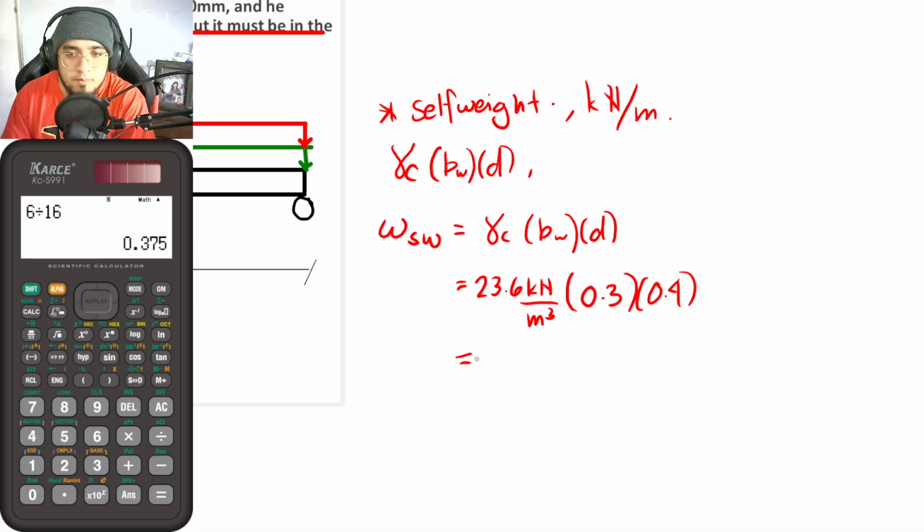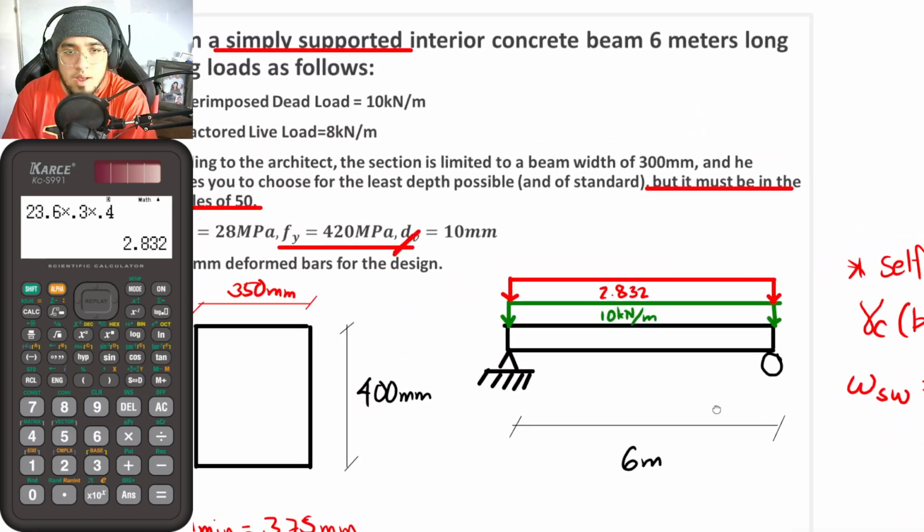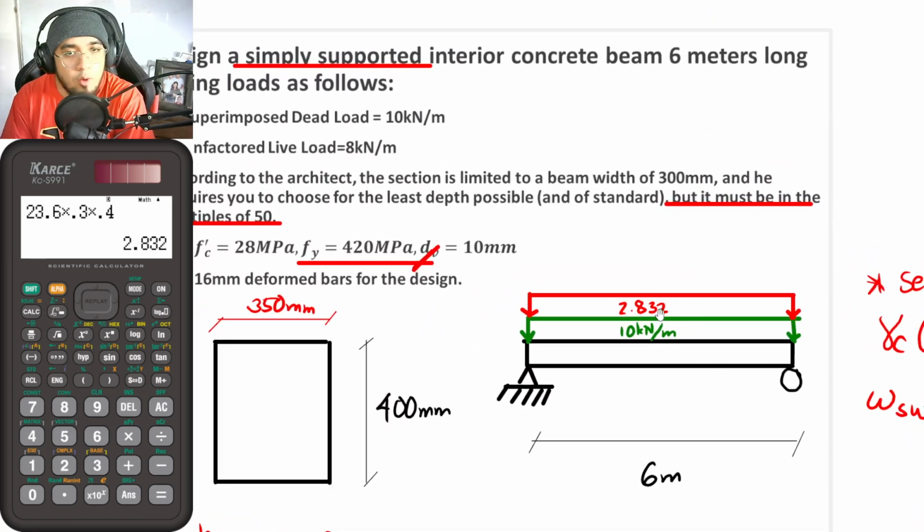So 23.6 times 0.3 times 0.4. Our answer here is 2.832 kilonewtons per meter. Okay. So next up, this is now our dead loads.